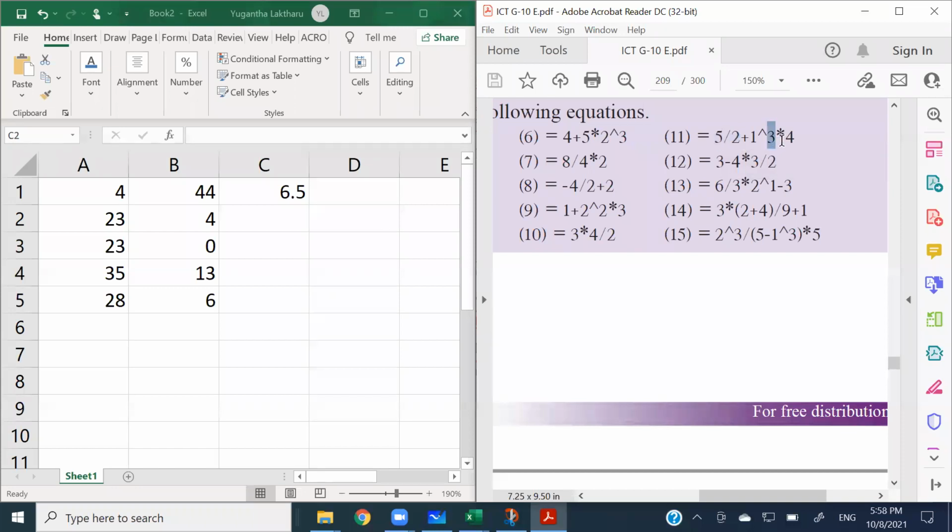Then 3 into 4 is happening, right? Oh, hold on. Not 3 into 4. 1 to the power 3 is 1. So 1 into 4 happens. So it's 4. So 4 plus 2.5, 6.5 is going to be the answer. Ranuja, is that clear?